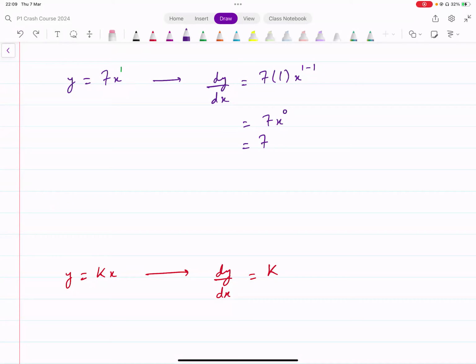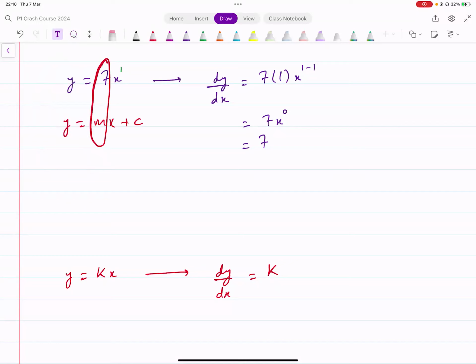And we could think of it using that straight line form as well. Y equals 7x is actually a straight line. Y equals mx plus c. Compare with that. What's the gradient? The gradient is 7. So the derivative from this function is going to turn out to be 7. Okay.